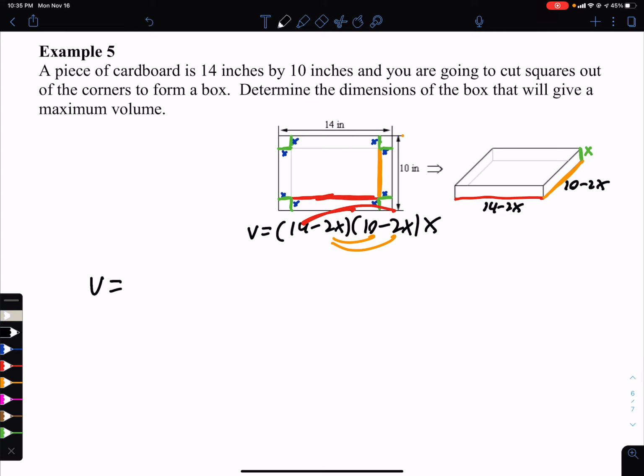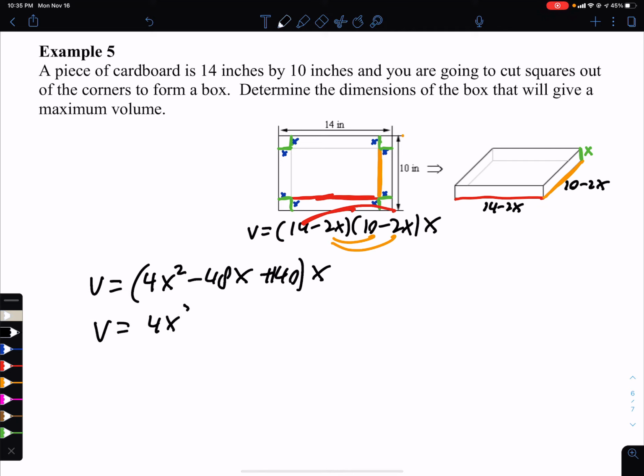So I will do that. That will get me, let's see, 4x squared minus 48x plus 140 times x. So go ahead and just multiply that out and you'll get that. And then we distribute the x. So we get 4x cubed minus 48x squared plus 140x.